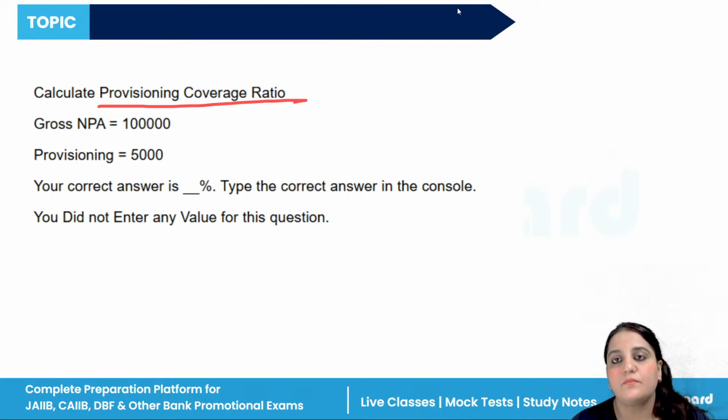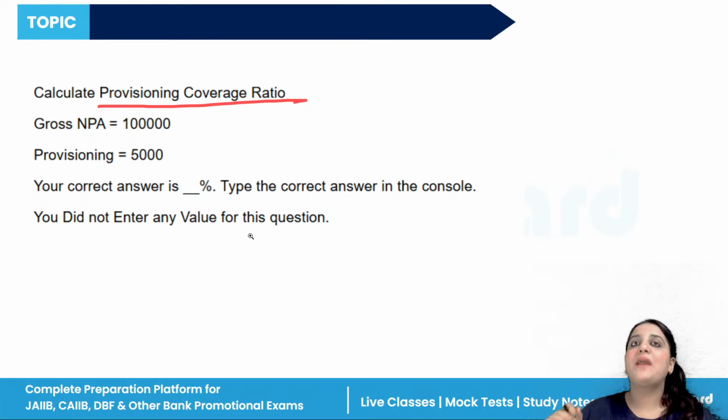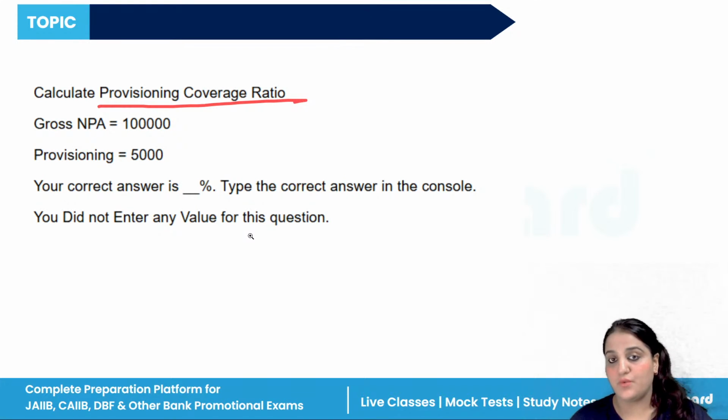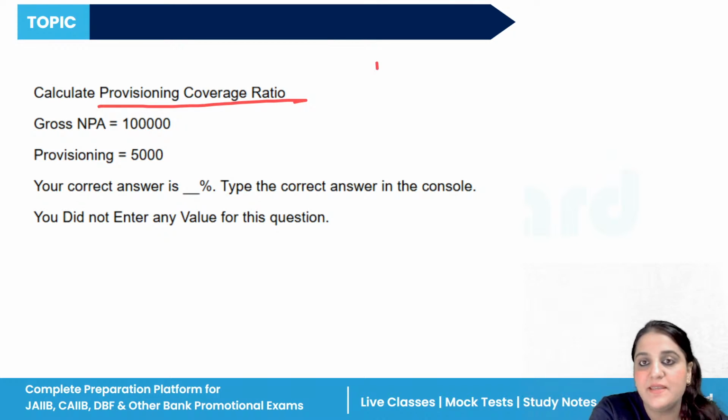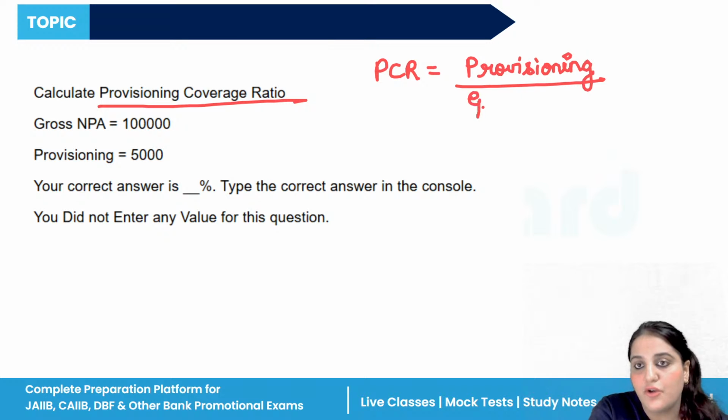See, simple, here we have to follow the formula. To calculate the provisioning coverage ratio, we use the PCR formula, that is provisioning divided by gross NPA, multiplied by 100.